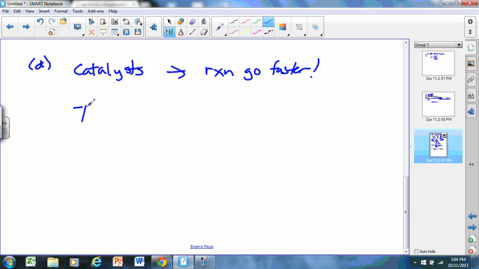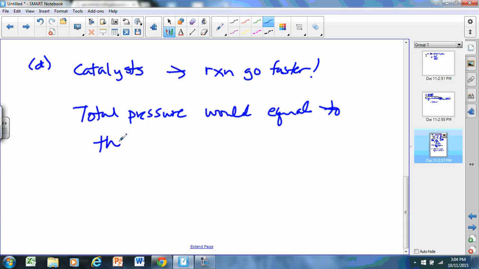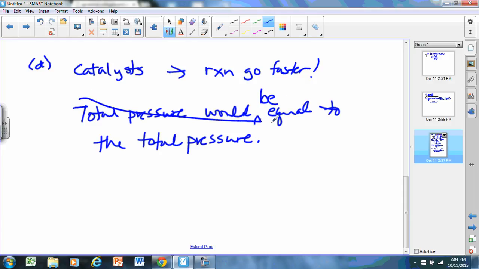So the total pressure would be equal with and without a catalyst. It doesn't affect the starting points and the ending points. It just affects the reaction mechanism in the middle. So the total pressure would be equal to the total pressure, that's really bad.